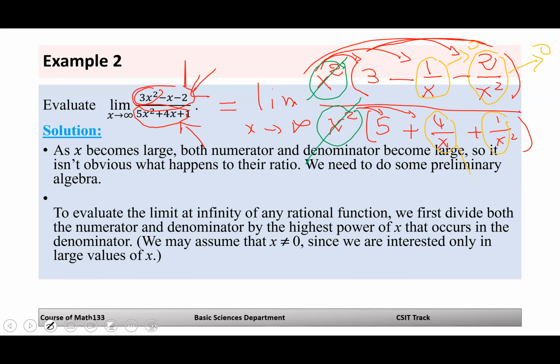Look at this example 3 now. And here we have to pay attention to the square root. We will use basically the same process, but we will be careful with the square root when we take out the common factor.